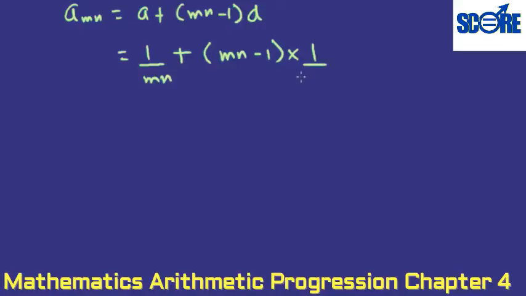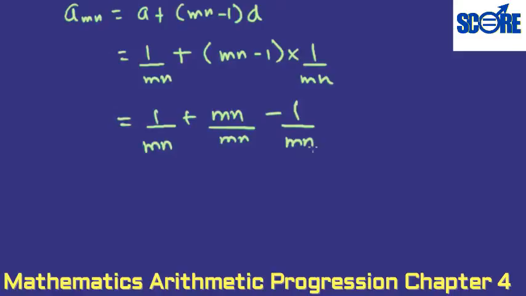The value of d was also 1 by mn. So we have put the value of a and d in this equation. Now we have to solve this equation. So it is 1 by mn plus, as we remove the bracket, mn by mn minus 1 by mn. As we see, 1 by mn is the common part but of opposite sign, so we can cancel this part.